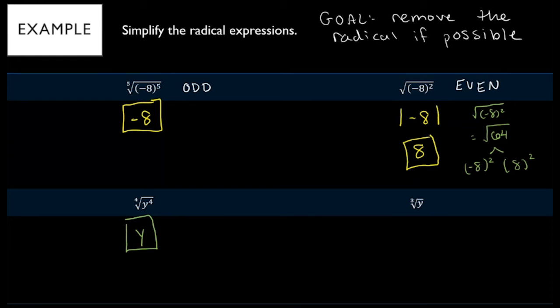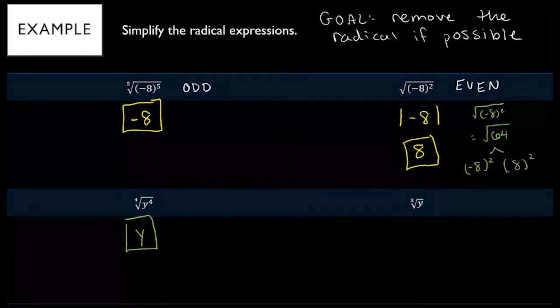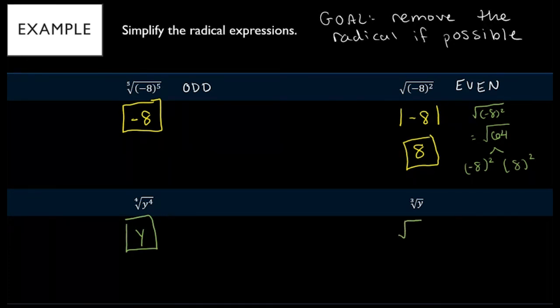Now on the right here, I've got the cubed root of y. y doesn't have an exponent of 3. These cannot cancel out, because on a y, this is equivalent to an exponent of 1. If there's no exponent, it's the same thing as having an exponent of 1.